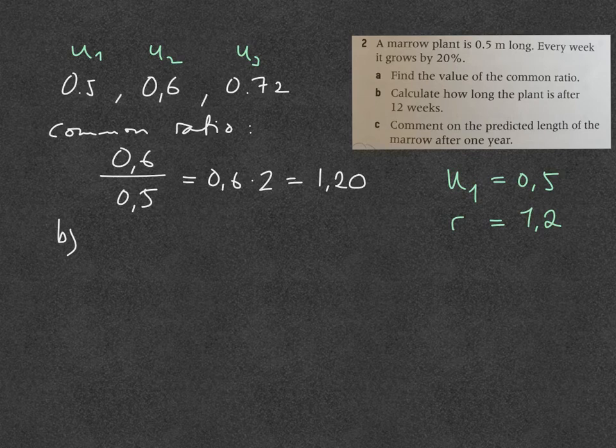So after 1 week we have the second term. So after 12 weeks we don't have the 12th term, but that would be the 13th term. Now you can check that if you're not quite sure, but I'm pretty sure. So u13, we take the first term and we multiply that with the common ratio to the power of 13 minus 1. So now we're just using the formula that we found before.